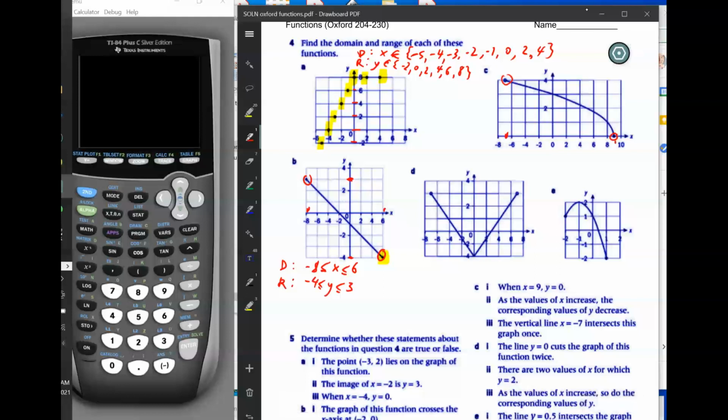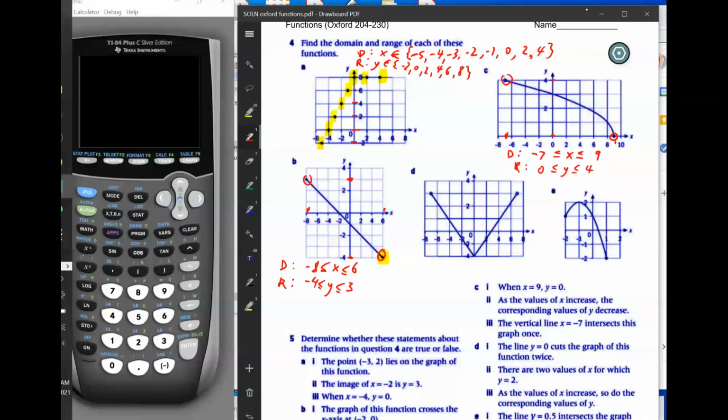So I'm going to say that the domain ranges from -7 to 9. And the range goes from 0 to 4.